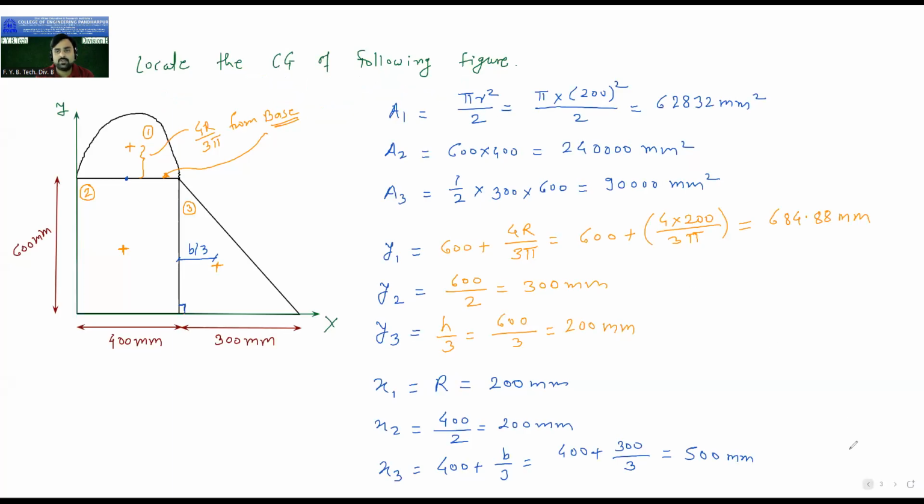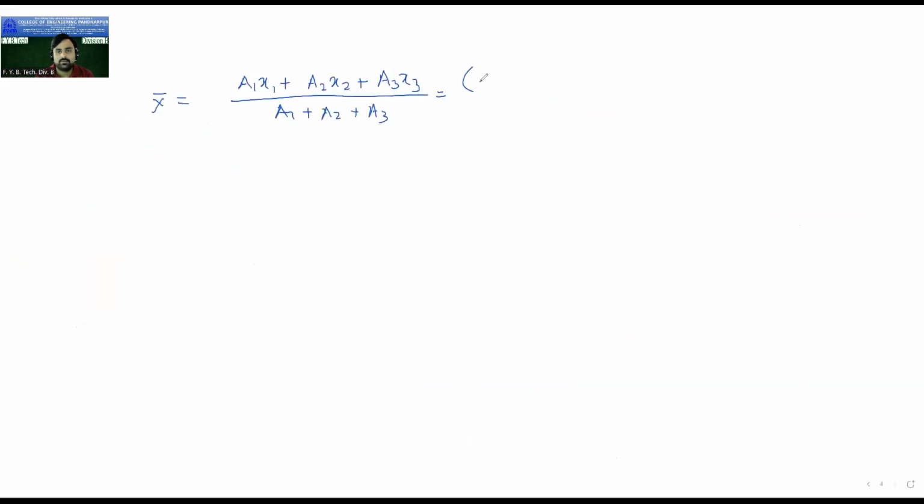Now the next part is very simple. So x bar is equal to, now our formula is a1 x1 plus a2 x2. Here there is no deduction, so you should use the plus sign, divided by a1 plus a2 plus a3. Now just put the values. What is the value of a1? 62832. x1 is 200.